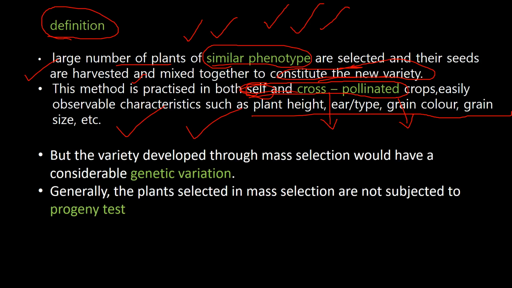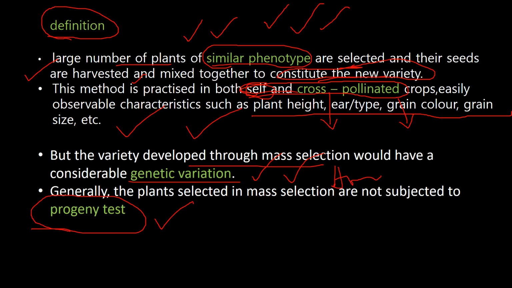The variety developed through mass selection would have considerable genetic variation, whereas pure lines are homozygous, so genetic variation is very little. Also, the plants selected in mass selection are not subjected to any progeny test, whereas in pure line selection the progeny test is done to find the genotypes of the individuals.